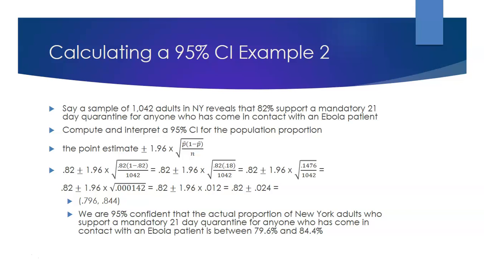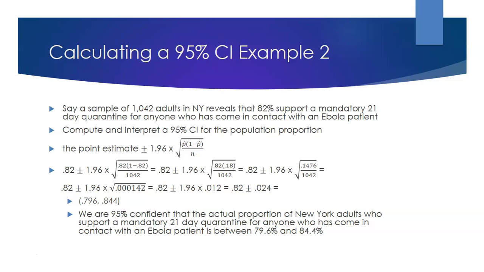The circumstances were that a doctor had been treating Ebola patients in Guinea and had gone to the hospital with a slight fever and was eventually diagnosed with Ebola. And so they implemented this poll to see what the adults in the area thought about mandating quarantines for anyone who's been in contact with someone else who had Ebola.